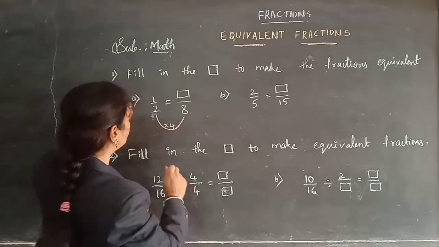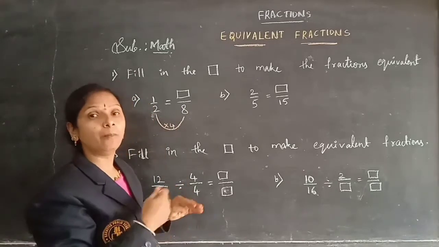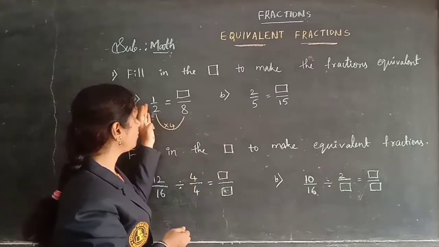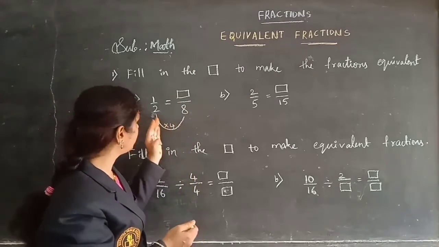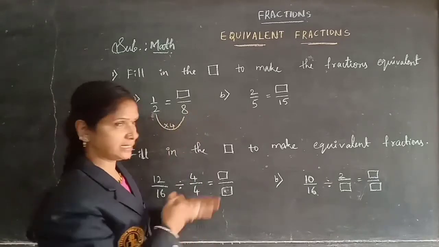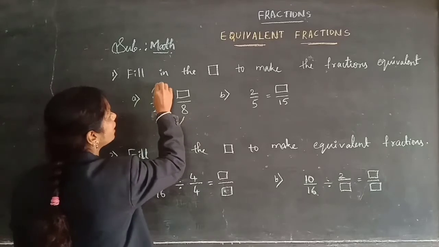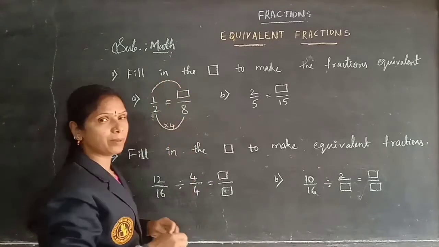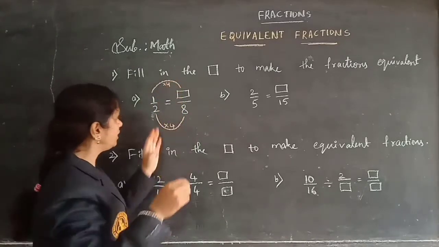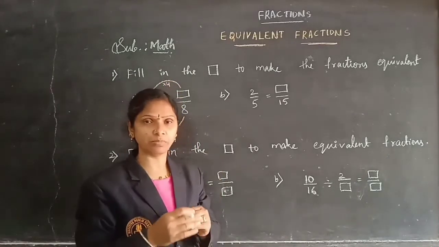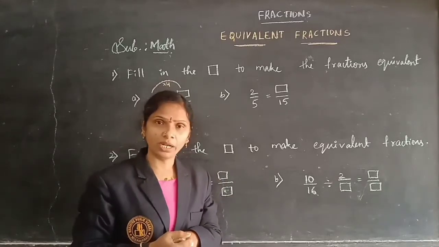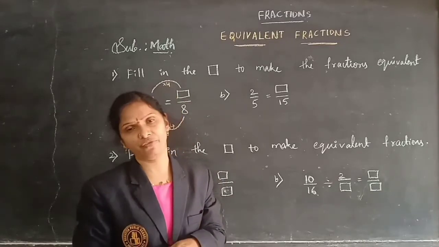Nothing but the denominator 2 is multiplied by 4 to get this denominator 8. Same here also, the numerator you need to multiply by the 4 only. Okay, why? Because when the denominator is multiplied with some number, with the same number you need to multiply the numerator also to get the equivalent fractions.